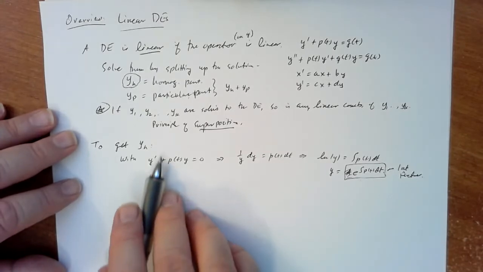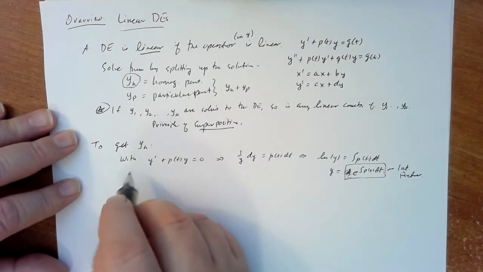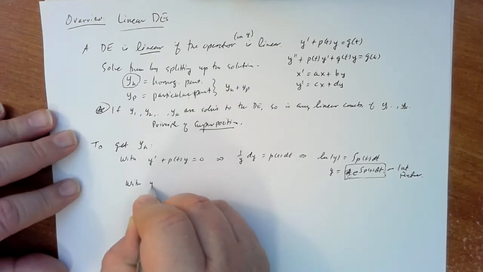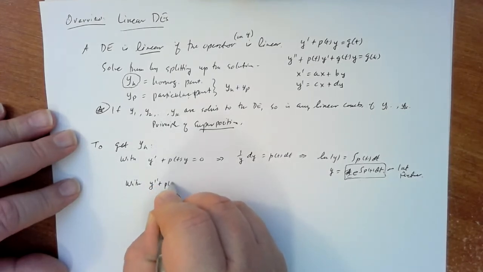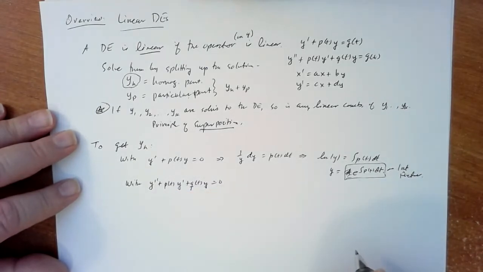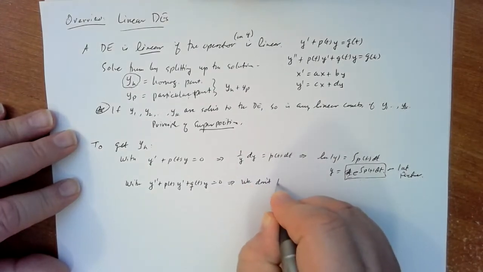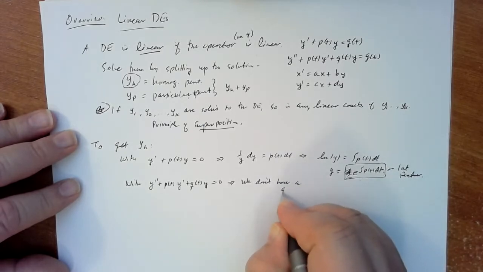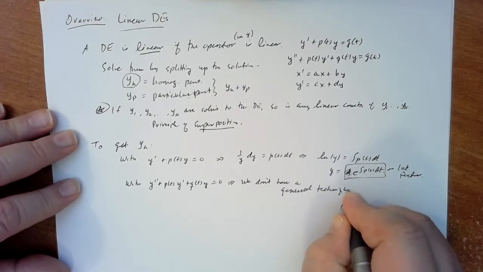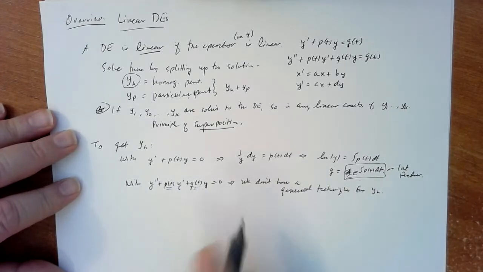And so with the other cases, now I should say, do we know how to get the y sub h if we're given the general second order differential equation? We do not. We don't have a general technique for y sub h, and that's when these are actual functions of t.